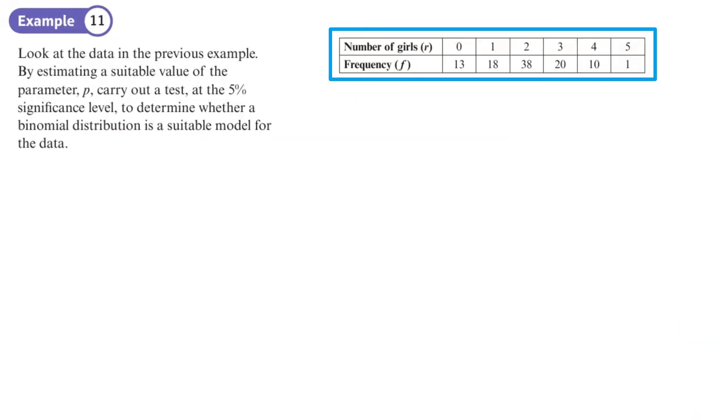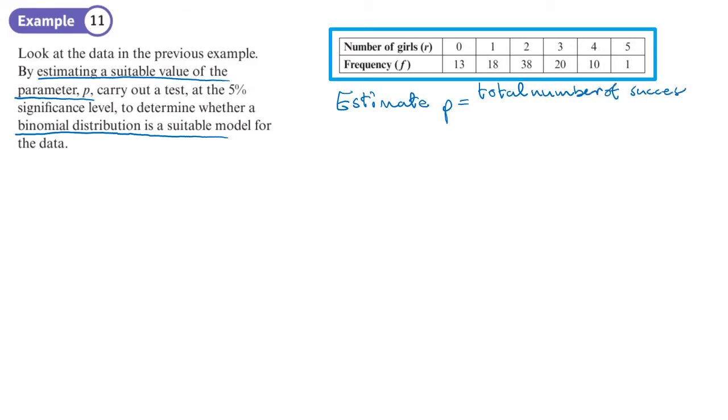Okay, so in this example we've been asked to actually estimate P, and if you have a question where you're seeing whether a binomial distribution is a suitable model for the data, if we want to estimate P, the probability, the way that we do that is the total number of successes divided by the number of trials times by the number of observations.